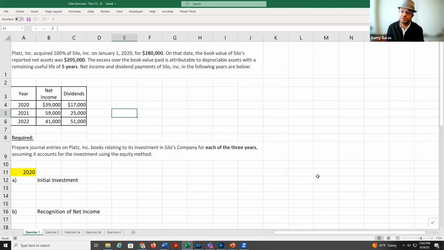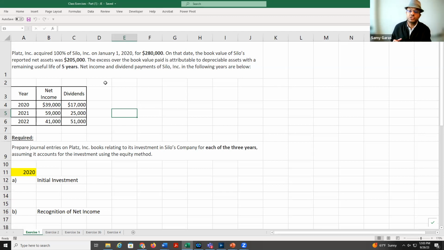If it's bonds or preferred stock, it will be given to you. And on that date, the company had net assets of 205. So the parent paid 280. Meanwhile, the subsidiary book value is 205. So how much is the difference between the two amounts?